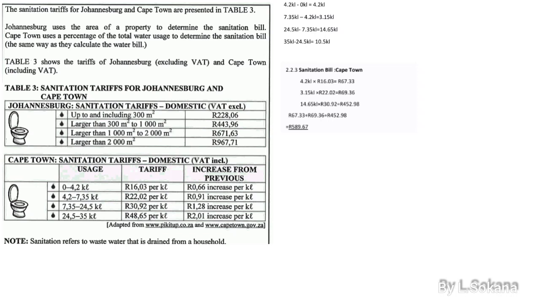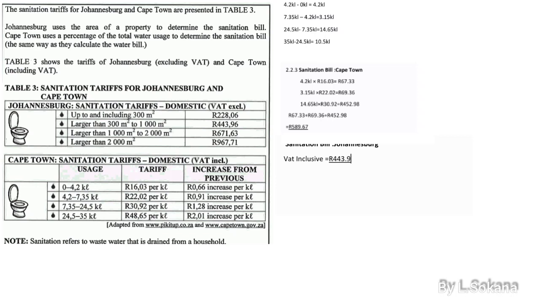So remember, in the Johannesburg bill, the values there are VAT exclusive, and we need to include VAT in order to get an accurate answer. Then after adding VAT, we should find the difference between the Johannesburg bill and the Cape Town bill. When including VAT, we multiply by 1,15 or 115 divided by 100.